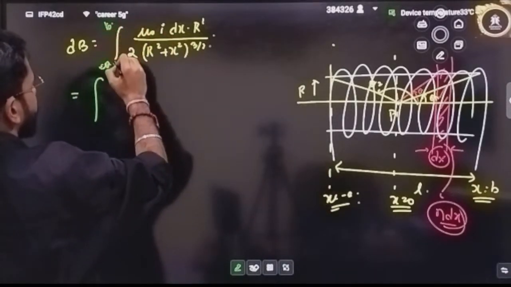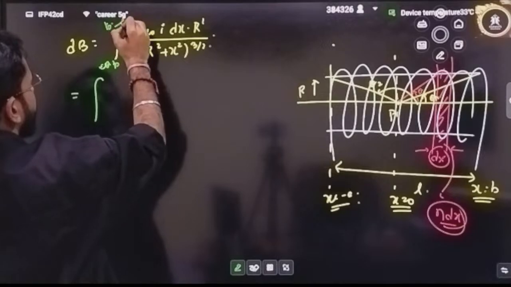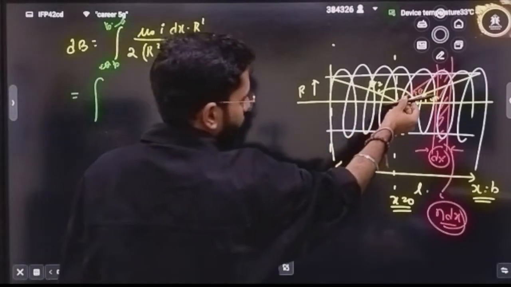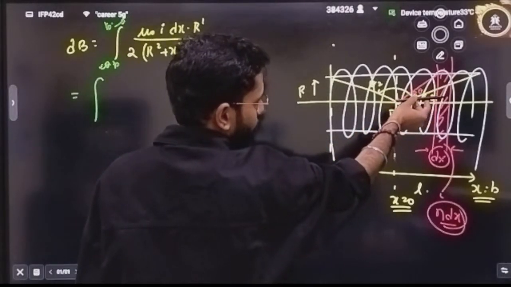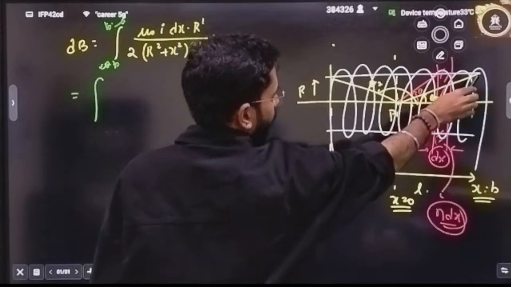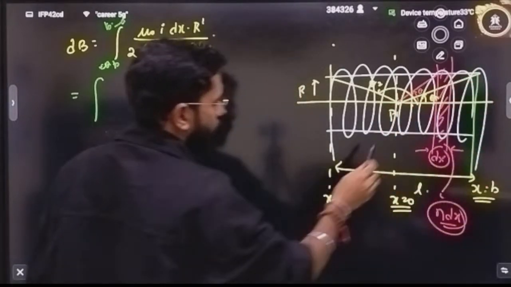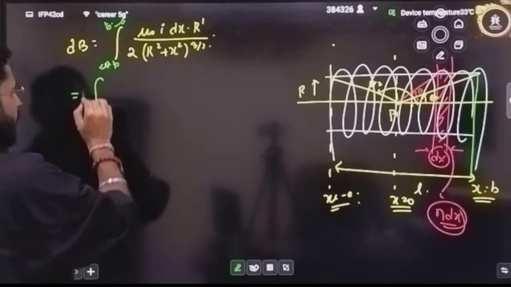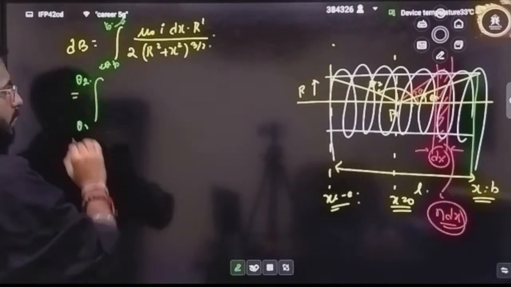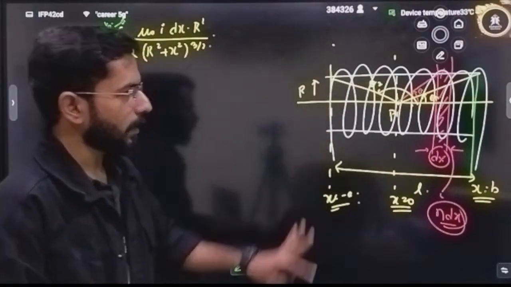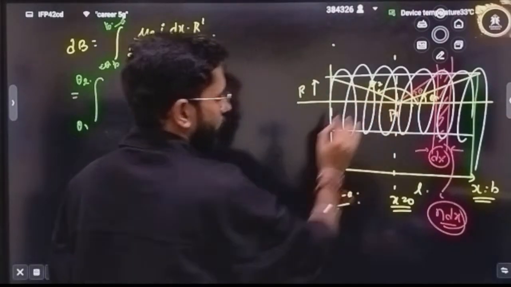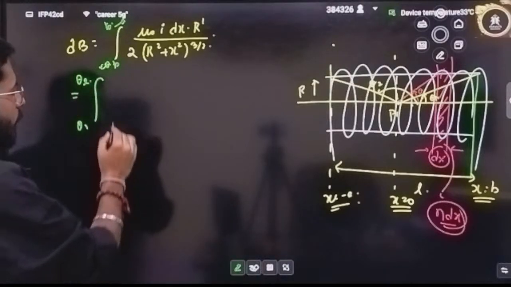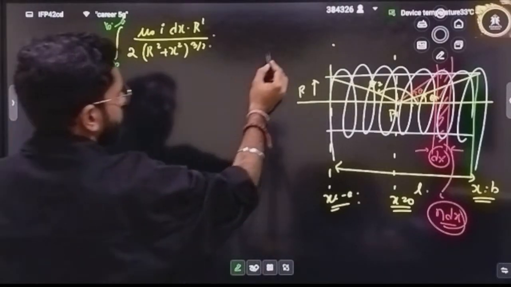At theta 1, what is b? Here it is b, here it is minus a. I am starting this from here. I exactly from this point want to start integrating from theta 1. I will integrate till theta 2, because at minus a the angle is theta 2. This angle I have shown you as theta 2. Clear?